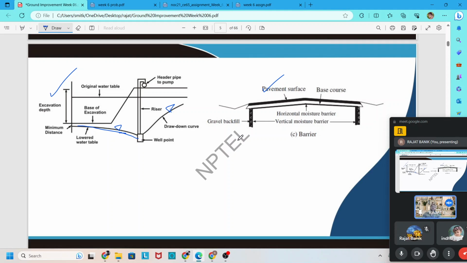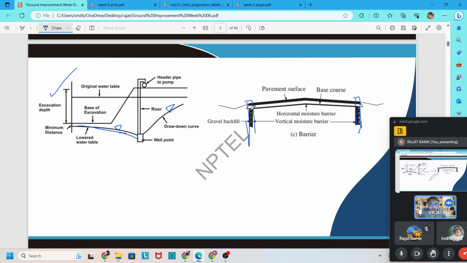Another one is the barrier technique. The barrier technique is mostly used in pavement roads. Barrier means we block the water from coming into the pavement sub-base course. For that, one barrier wall is created on both sides of the pavement.